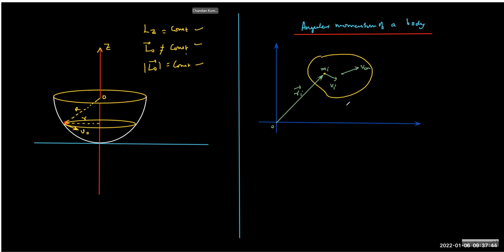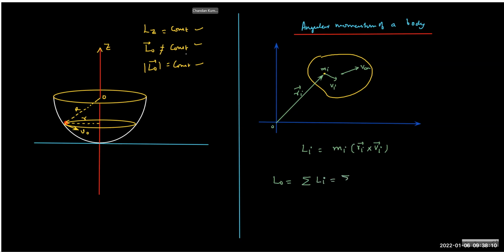So now the question is, what is the angular momentum of this ith particle? Just one particle. And the answer is simple: mi ri cross vi. That's it. But we are looking for the body as a whole. So what is the total angular momentum? We need to add all such values.